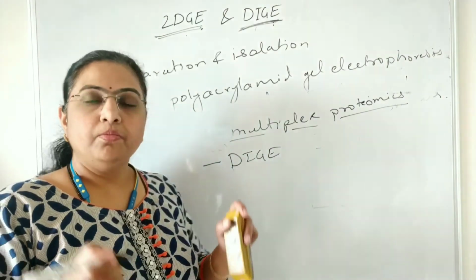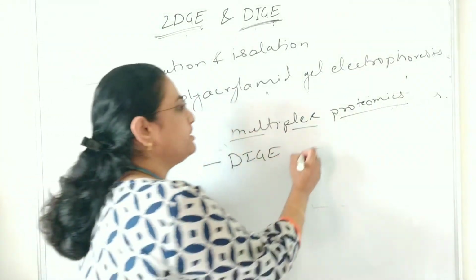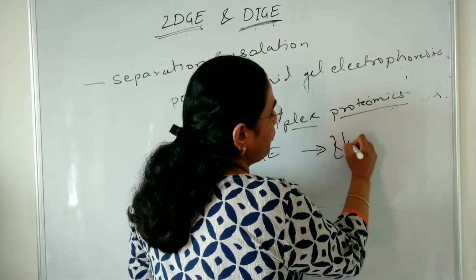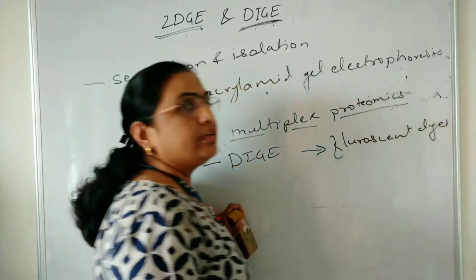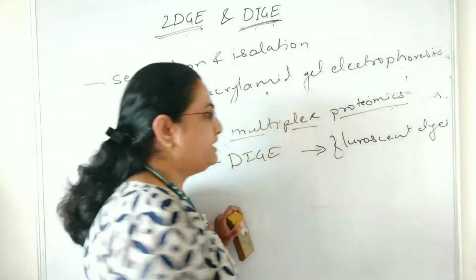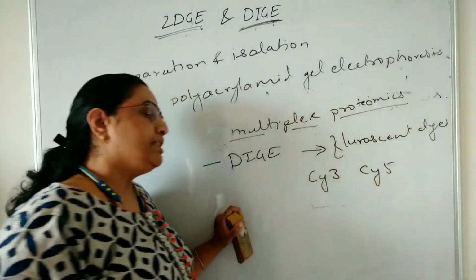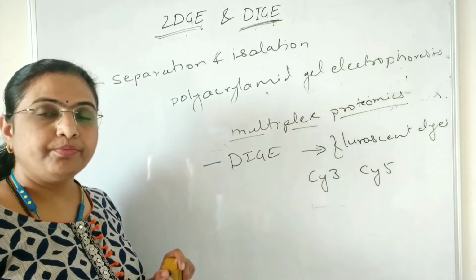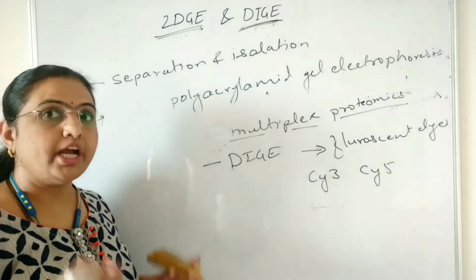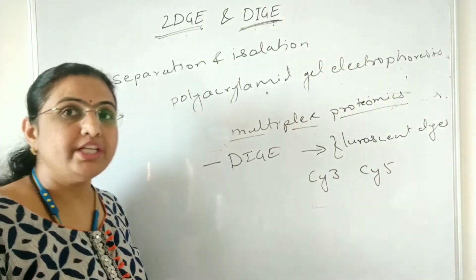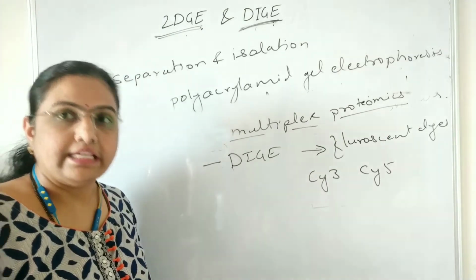This problem is resolved by the difference gel electrophoresis, which uses fluorescent dyes. Like in DNA microarray, the fluorescent dyes here are Cy3 and Cy5. These Cy3 and Cy5 fluorescent dyes can be attached to the amine groups of the proteins, particularly tagging the lysines.